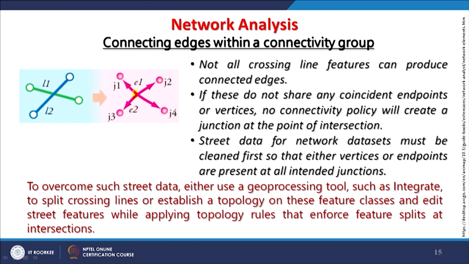Now, automatically these things cannot be done for, say, a road network or power network or rail network. That means human intervention would be required to declare which is the intersection, which is the junction, which is the edge, and so on and so forth.